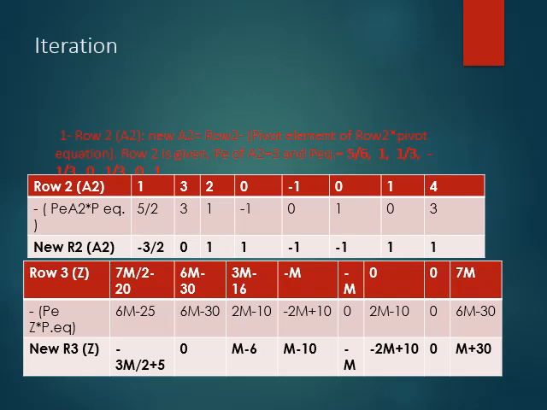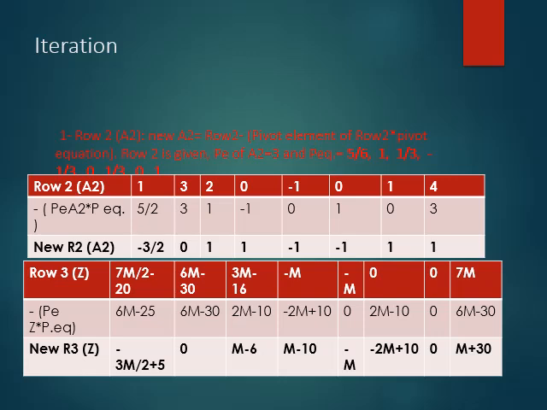In the first iteration of the problem, we need to examine the change in row 2, A2, or the change in row 3, Z. Okay.